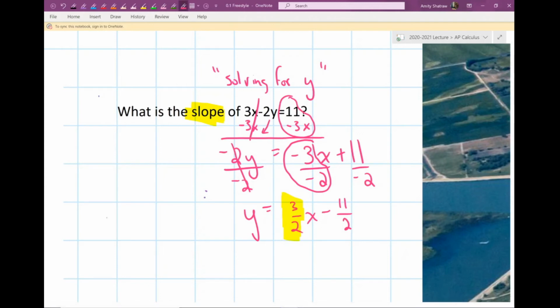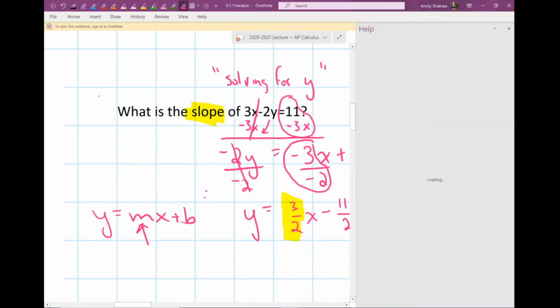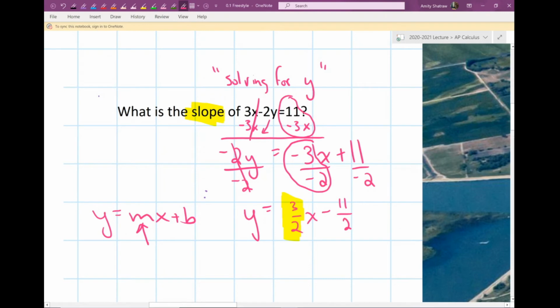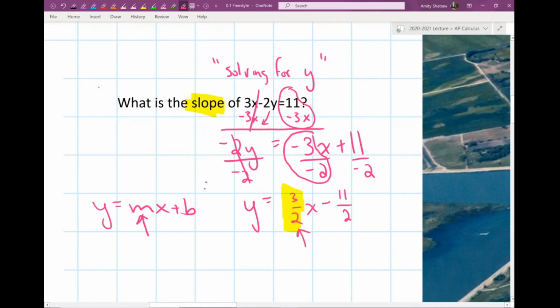In this position, y equals mx plus b, if you can find the number right there, then you can see what the slope is. m equals 3/2. But I find this work a little bit tedious. I won't lie. I usually do every single one of these steps in order to find what the slope is.